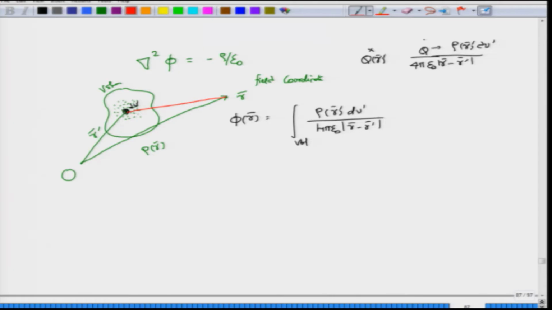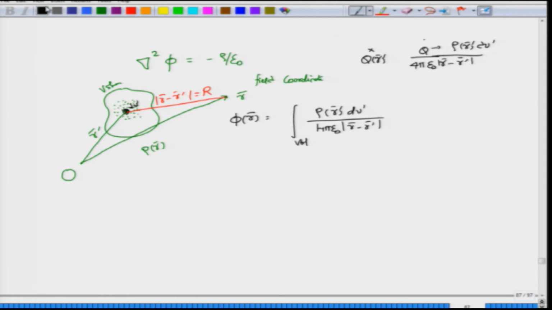The red line that I just drew tells you what this magnitude r minus r prime is. This has a very common letter that we use, capital R, which is the radial distance from the source coordinate to the field coordinate. So this is the expression that you have.